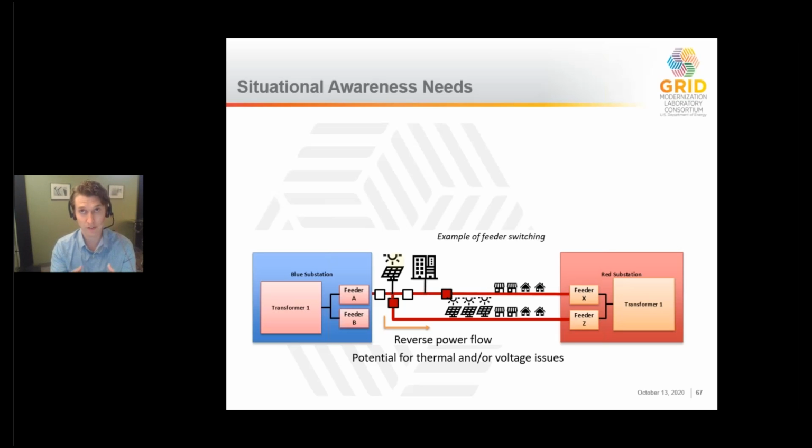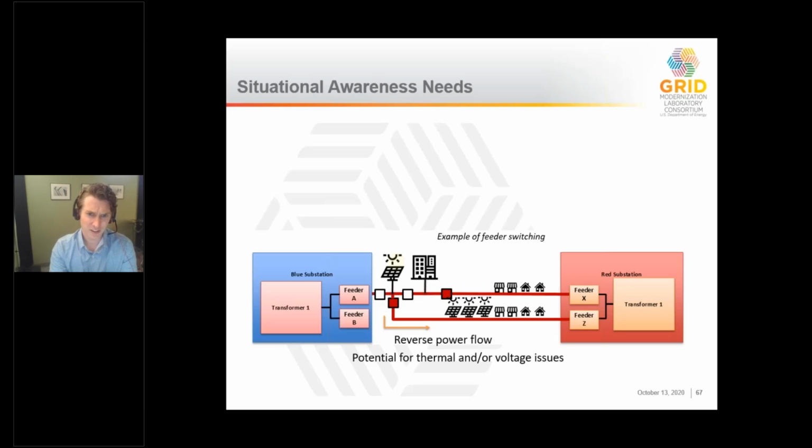And I mentioned that studies don't always account for these contingencies because there can be so many, even for just a set of two different substations, that it can be, with current tools and methods, not always practical to study all the configurations.